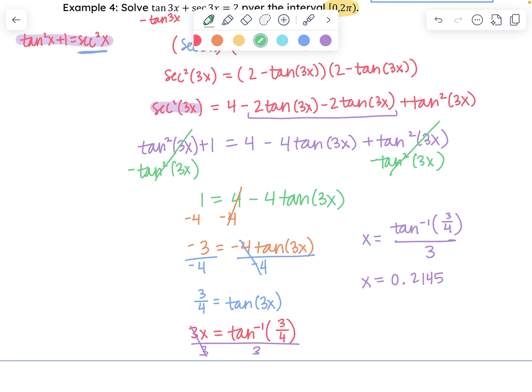The period for tangent was pi. So to find my new period, I need to take that and I'm going to divide it by b.